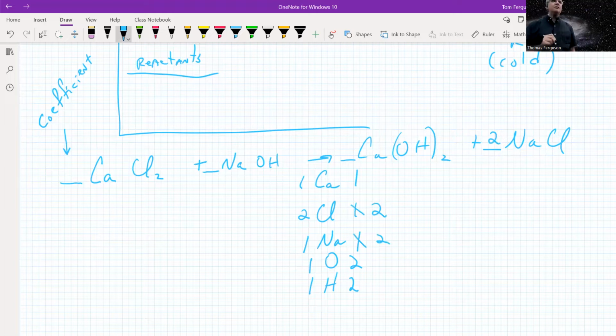So now we fixed the chlorides. We've still got some issues with the oxygen and hydrogens. What else can we do? Okay, that makes this 2, that 2, and that 2.